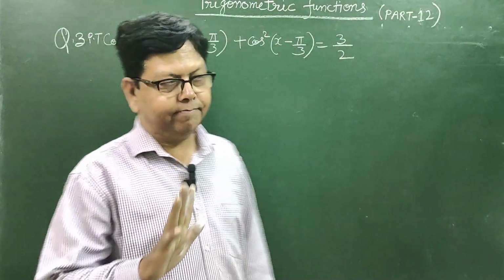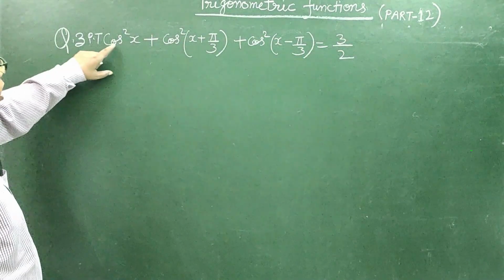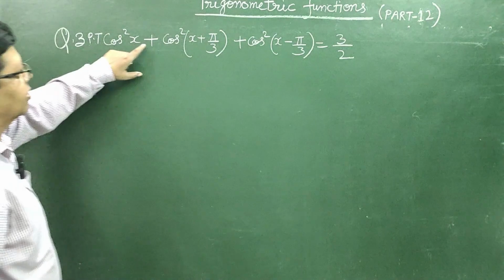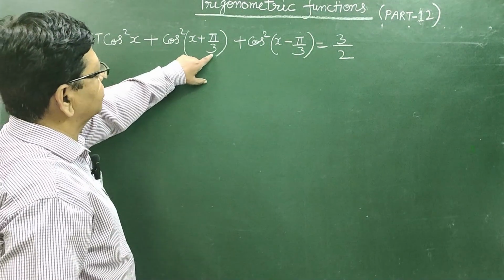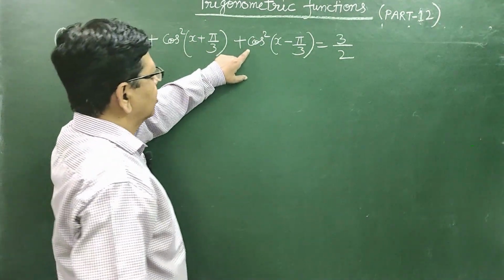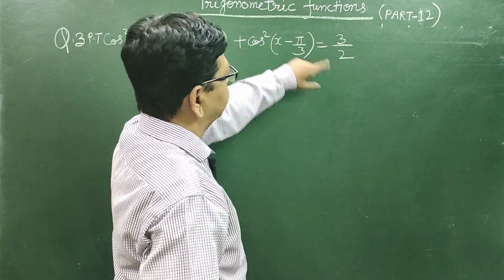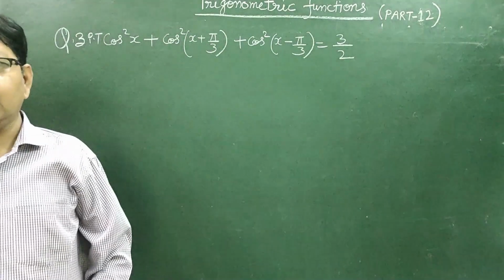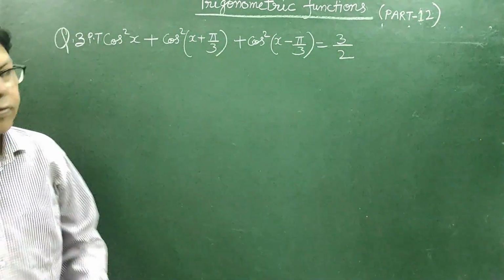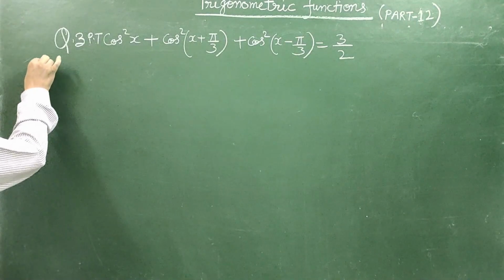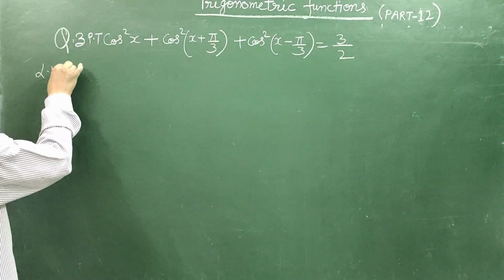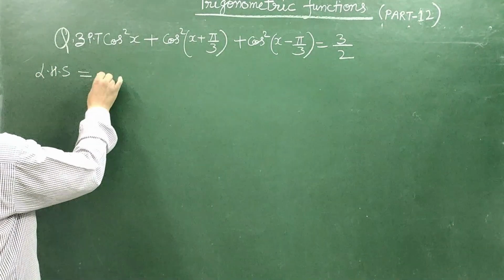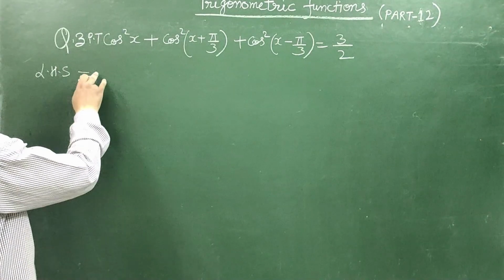Next question, prove that cos square x plus cos square (x plus pi upon 3) plus cos square (x minus pi upon 3) is equal to 3 upon 2. So let us consider left hand side of this trigonometric identity.